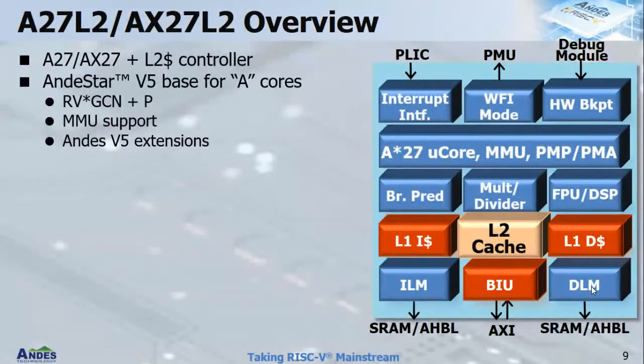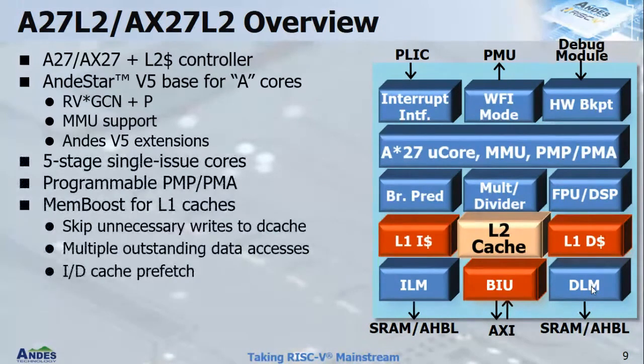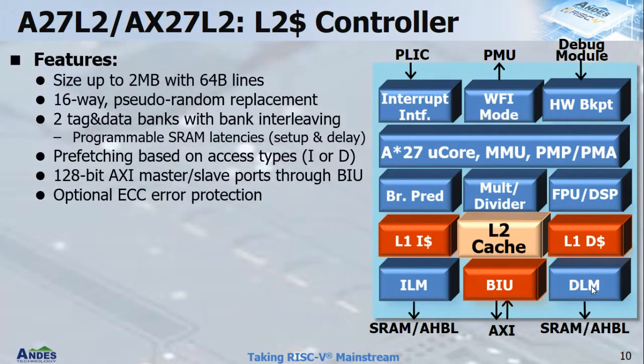Let's have a short look into our AX25L2. That is a core where we are adding a standard 5-stage core with a memory management unit, and we have added an L2 cache. So the L2 cache helps to speed up the execution of the program for a single core.